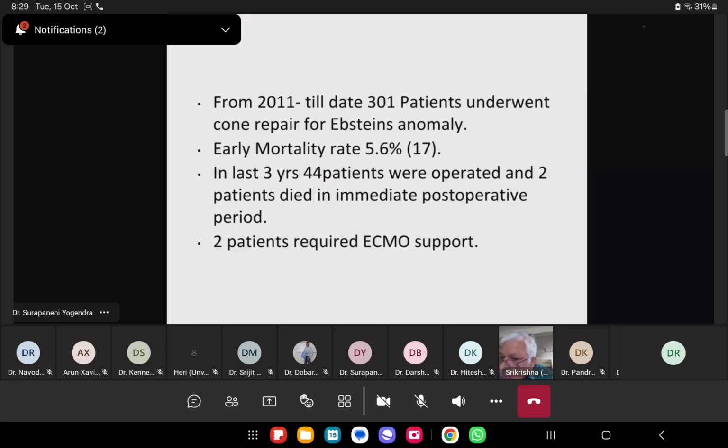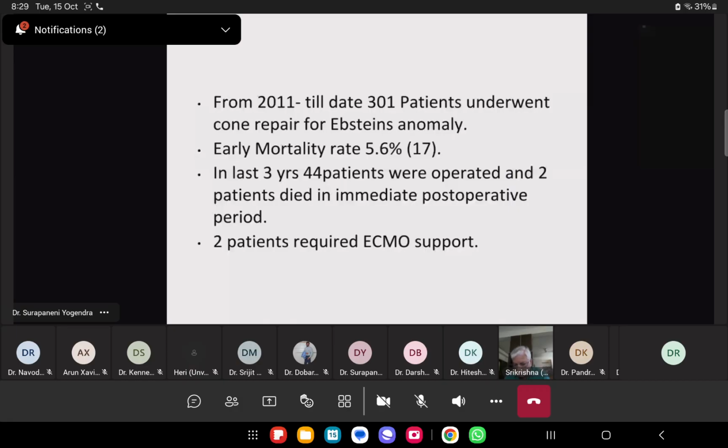I used to meet him in Sydney Children's Hospital. He's the one who described the most important thing when you see an X-ray in Ebstein's: this is one of the conditions where the maximum transverse diameter is prominent. That's because of the enlarged right atrium and the enlarged atrialized portion of the right ventricle.